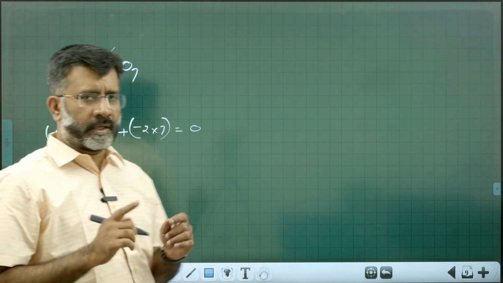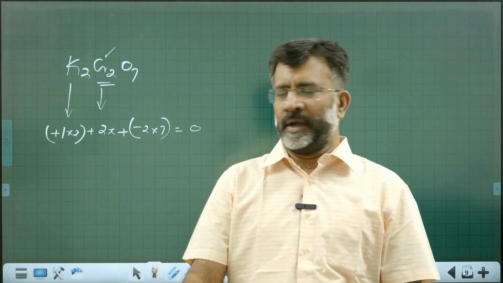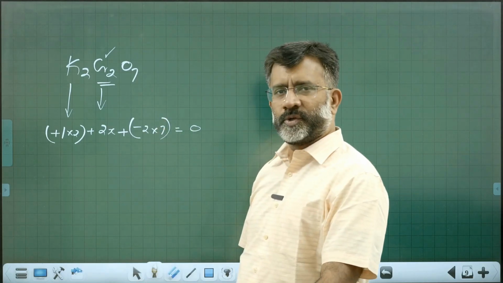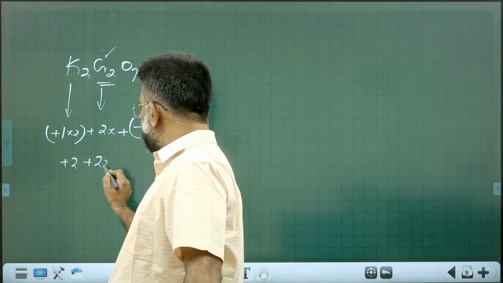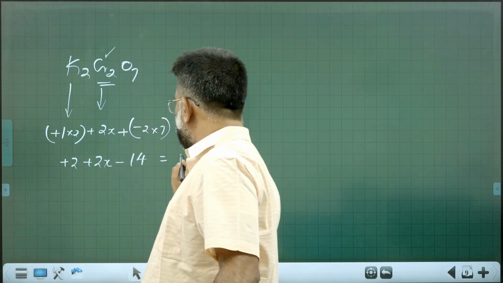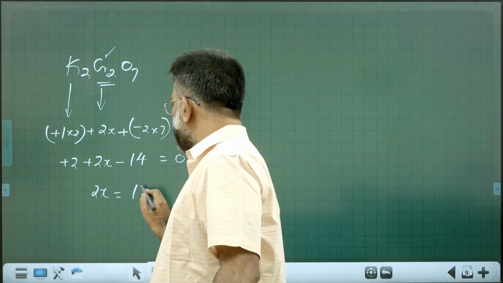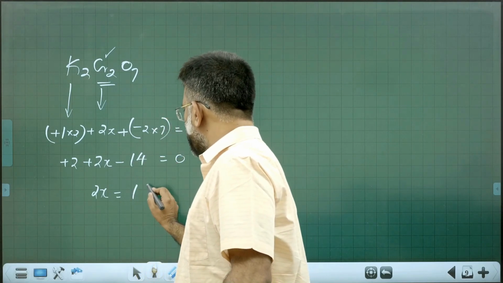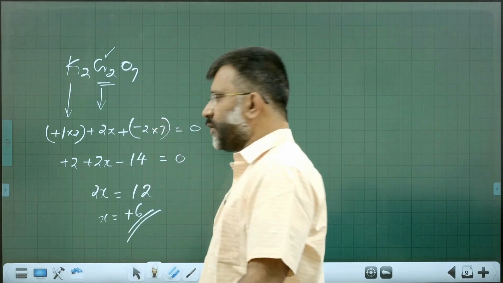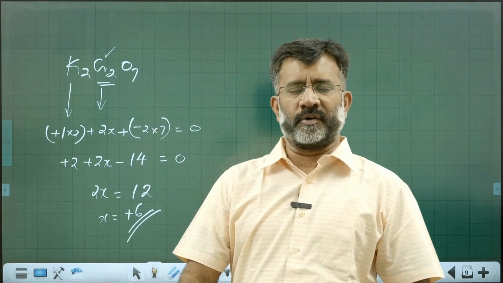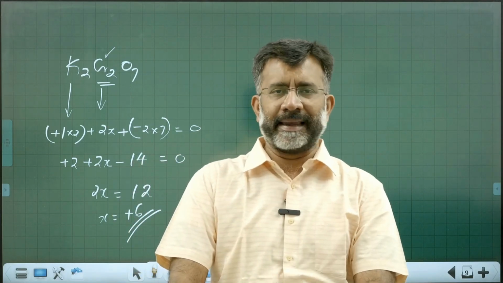We know potassium, an alkali metal, is +1, and oxygen is usually -2 into 7. So what will be the value of x? It is +2 plus 2x minus 14 equal to 0. That is 2x equal to how much? 2x is equal to 12 and x equal to +6 you will get. So the oxidation state of chromium in potassium dichromate will be +6.